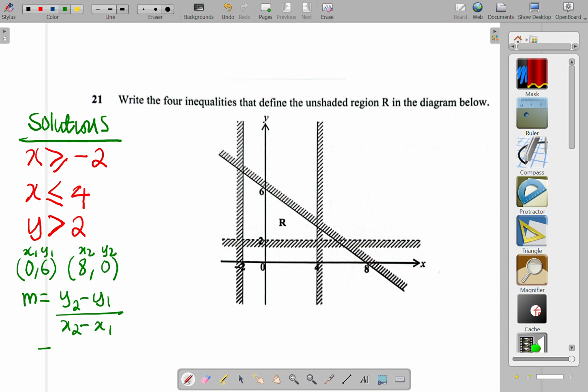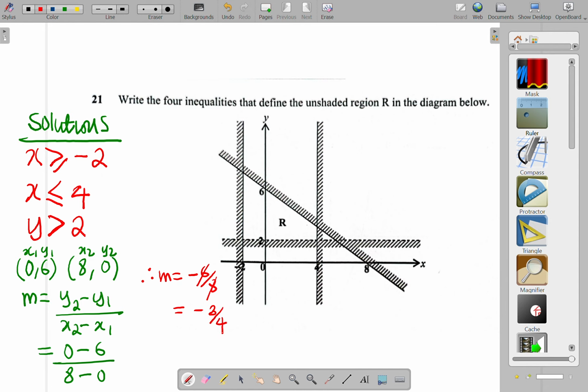So m is equal to, my y2 is 0, 0 minus 6 over my x2 is 8 minus 0. Therefore m is equal to -6 over 8, which simplifies to -3 over 4.